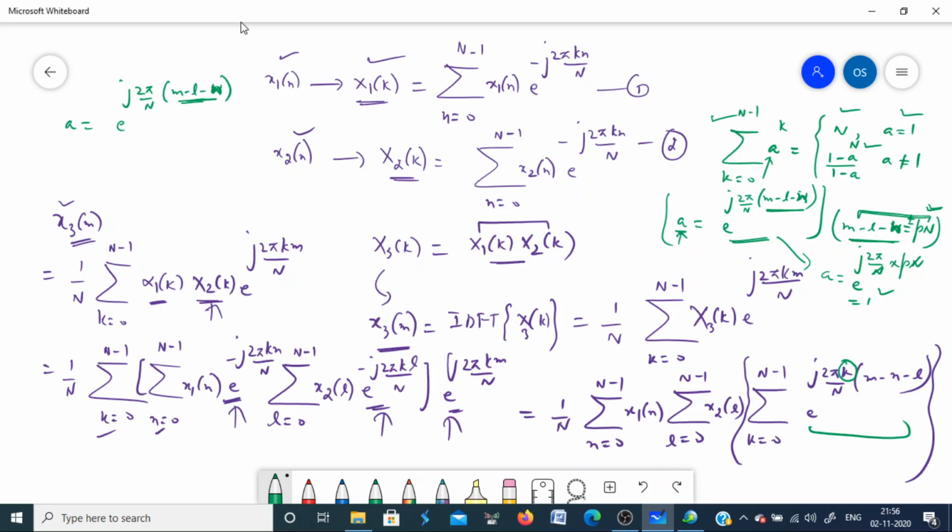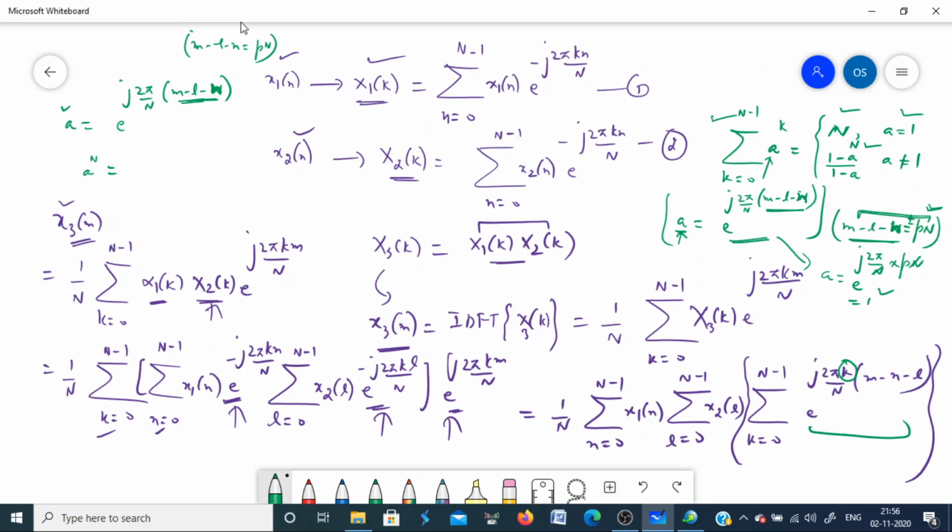If m minus l minus n is a multiple of capital N, your a will become 1, and in that case this sum will become capital N. If m minus l minus n is not a multiple of N, in that case a raised to power n will become 1.